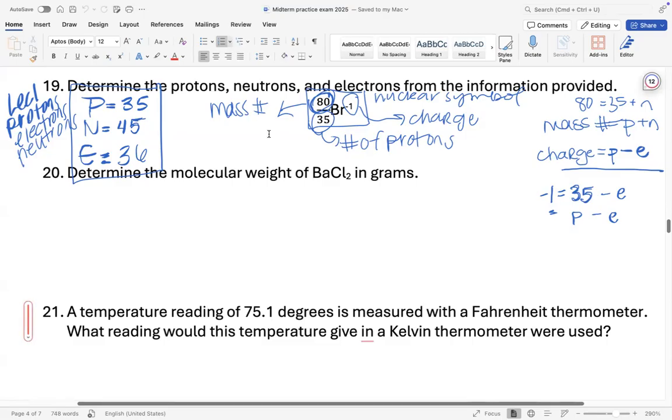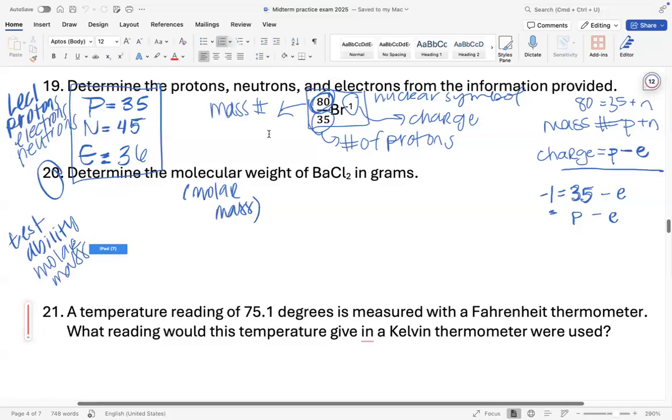All right. So number 20, determine the molecular weight, which is another word for molar mass, of barium chloride. This is the example where they test you on your ability to calculate molar mass, that you know where it comes from. This is the one where I wouldn't actually give it to you on the formula sheet.